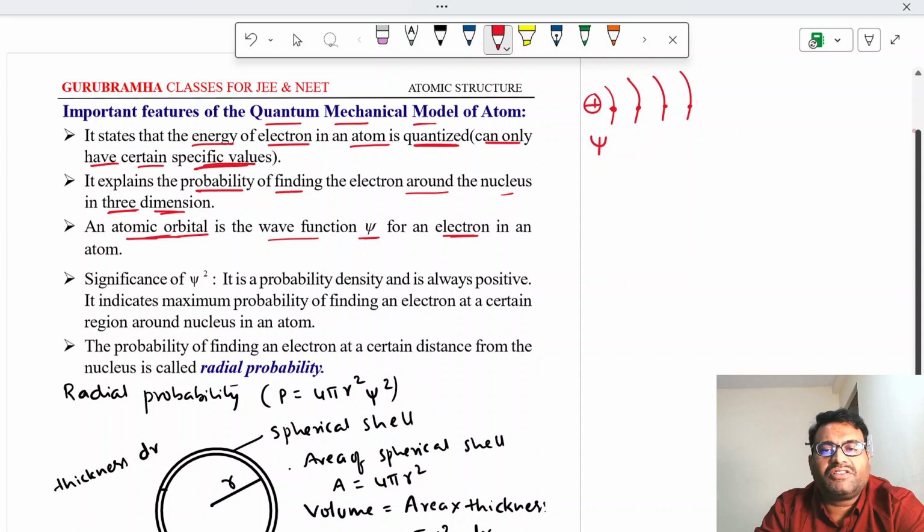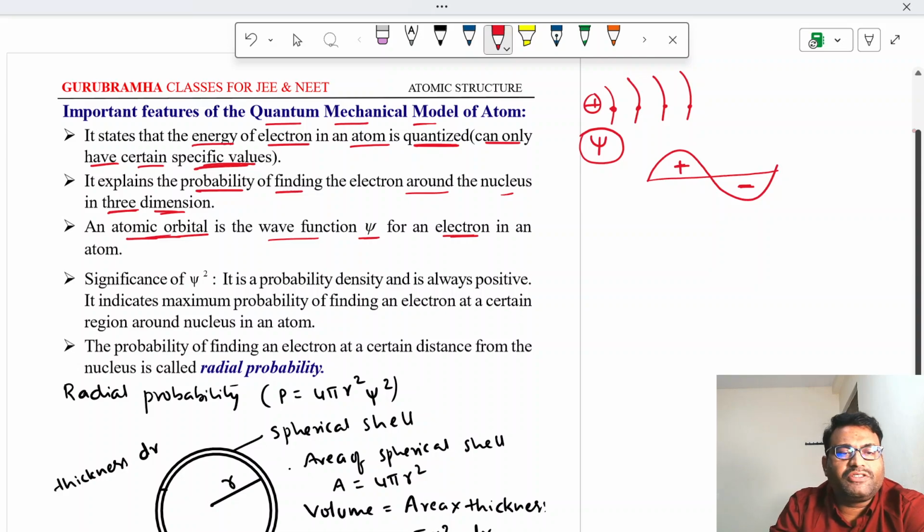Psi has positive and negative values. I cannot discuss the probability of finding the electron in terms of psi, because here it is positive, but here it is negative. Positive probability, negative probability is not possible. Okay, zero probability is possible, but negative probability is not possible.